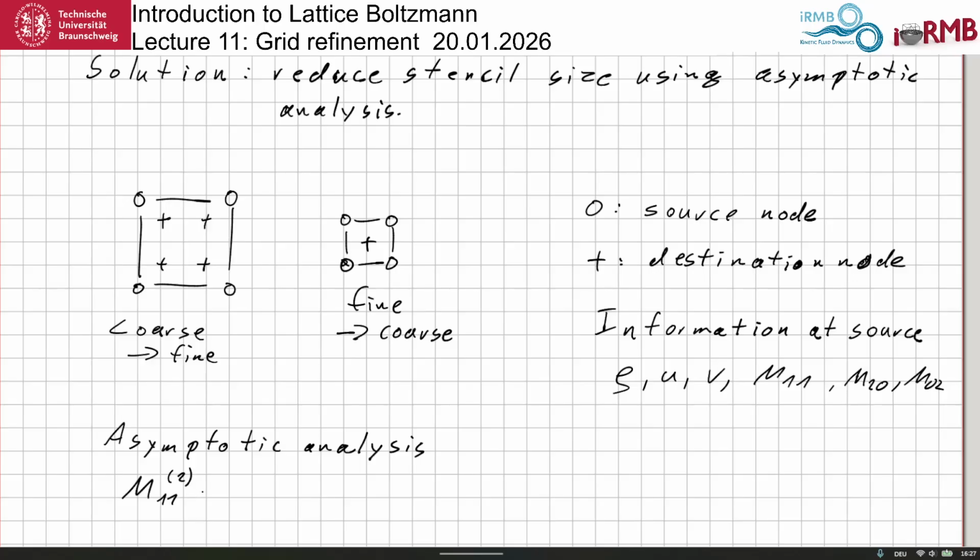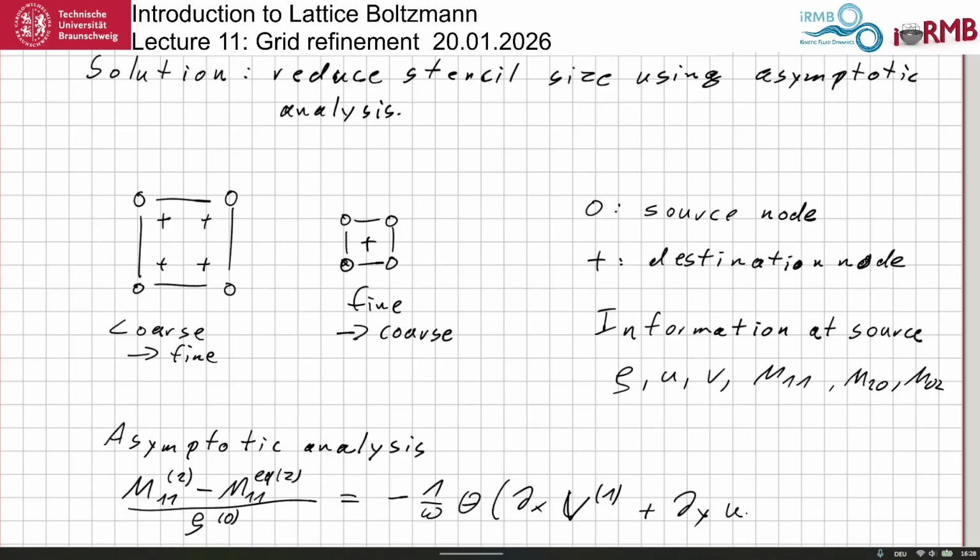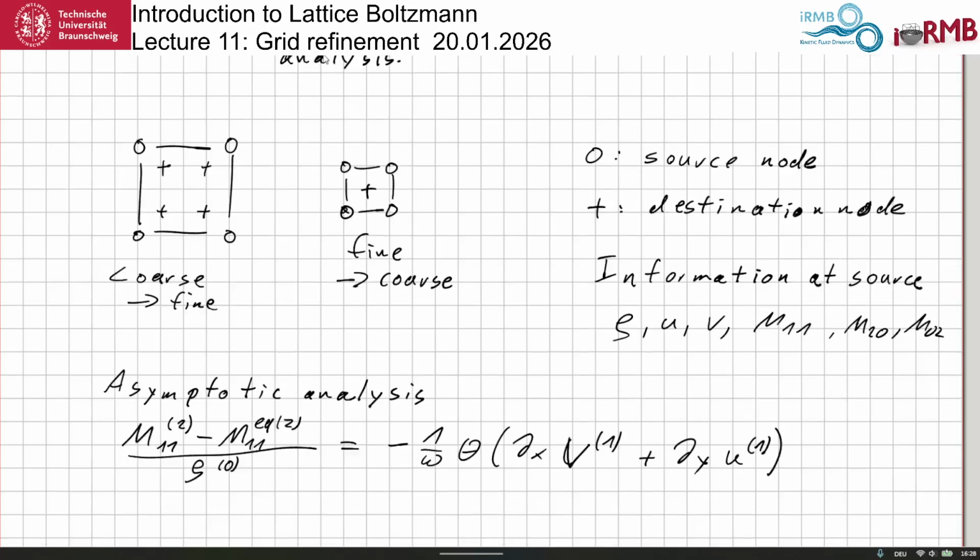So m11 to second order minus m11 equilibrium to second order divided by rho to zero order is, according to our asymptotic analysis, minus 1 over omega times theta dx v to first order plus dy u to first order. Okay, so you may remember this.